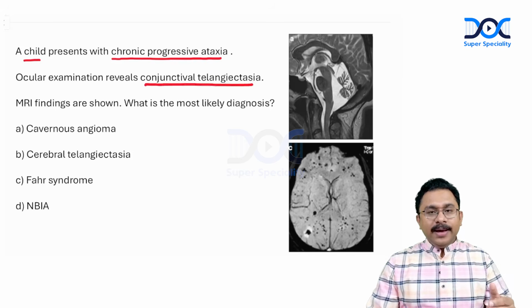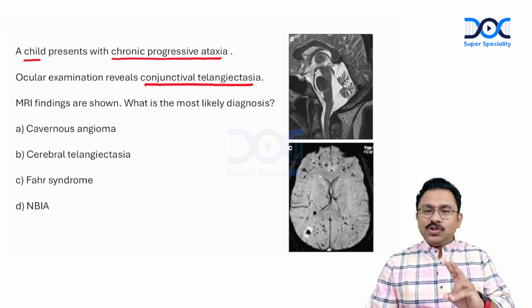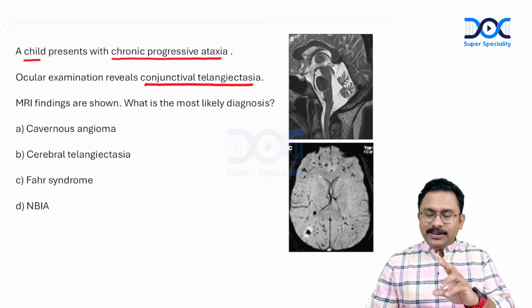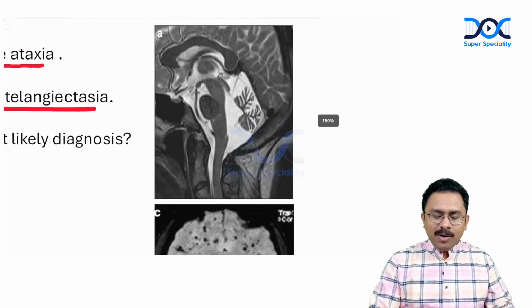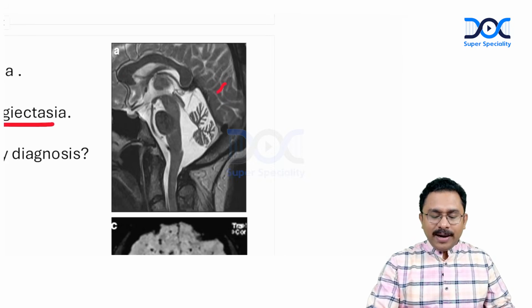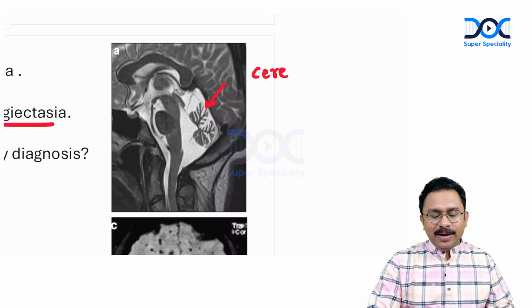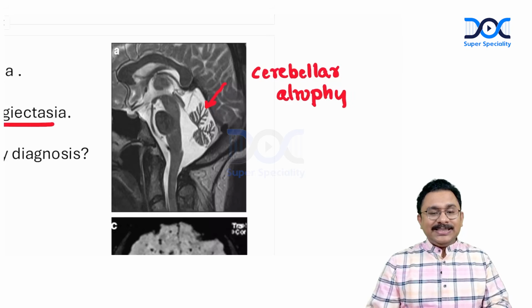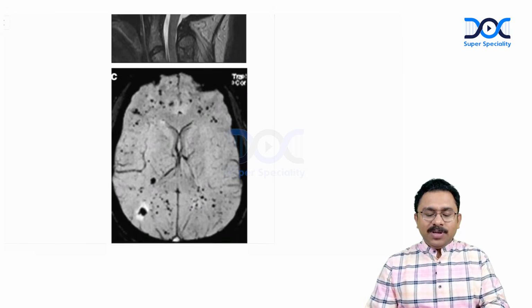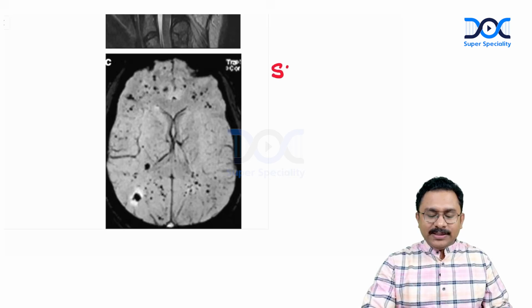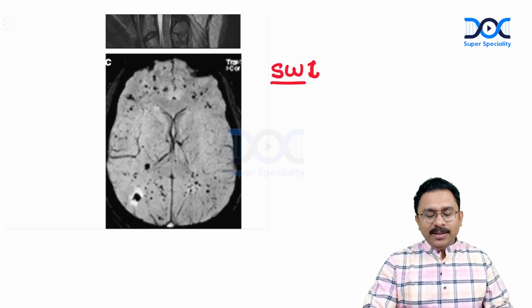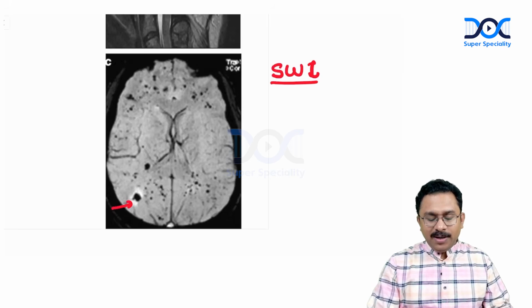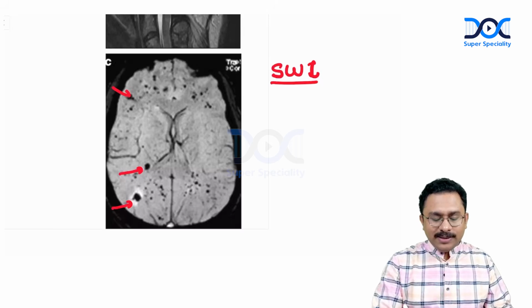Okay, and MRI findings. Students told me there were two MRI findings given. The number one was a definite cerebellar atrophy, is what the students told me. Okay, definite cerebellar atrophy was there. And the next image was susceptibility weighted imaging, that is SWI, and the students told me there were multiple hypointensities.